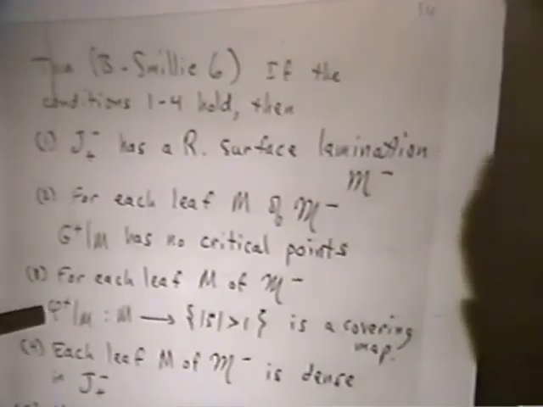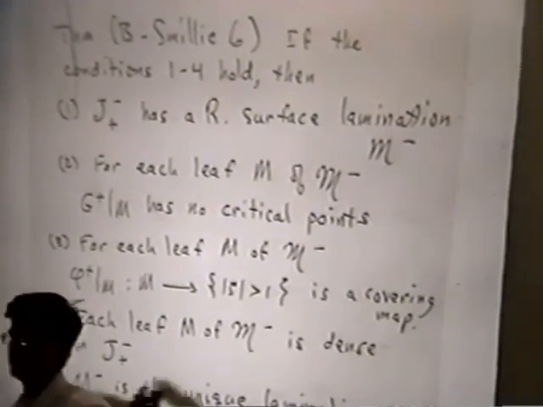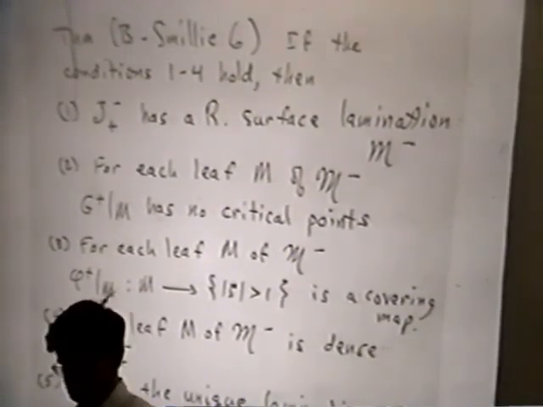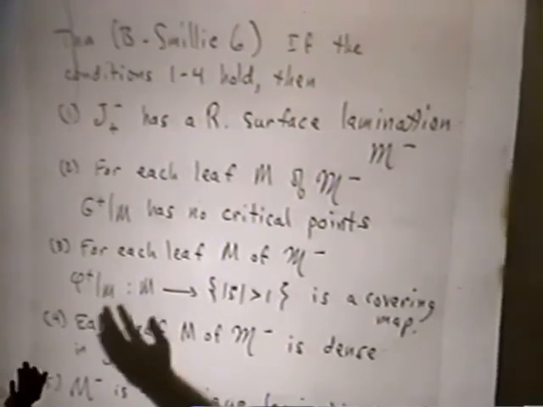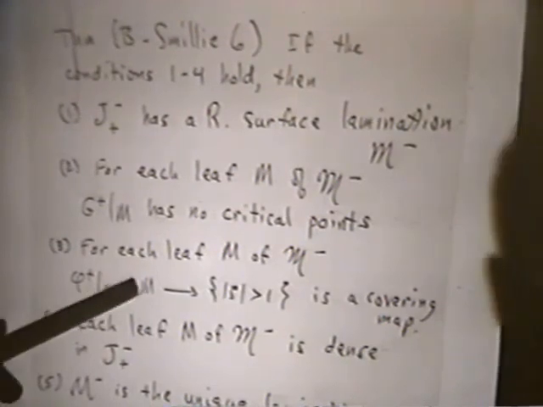Since phi plus has a continuous extension, by topology that also means you can make an analytic extension. Phi plus is like this Böttcher coordinate out near infinity. We can extend it in through M, and this then is a covering map. And each leaf is dense.